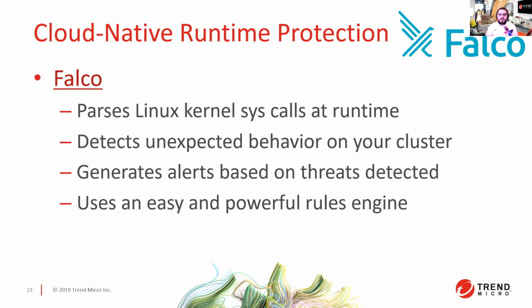So basically, it parses Linux kernel syscalls at runtime, and based on a rules engine, like a YAML file rules engine that's easy to read and to create, it detects the unexpected behavior in a cluster and generates alerts based on these threats. And you can integrate that with other tools as well. So I recommend that you check that out.